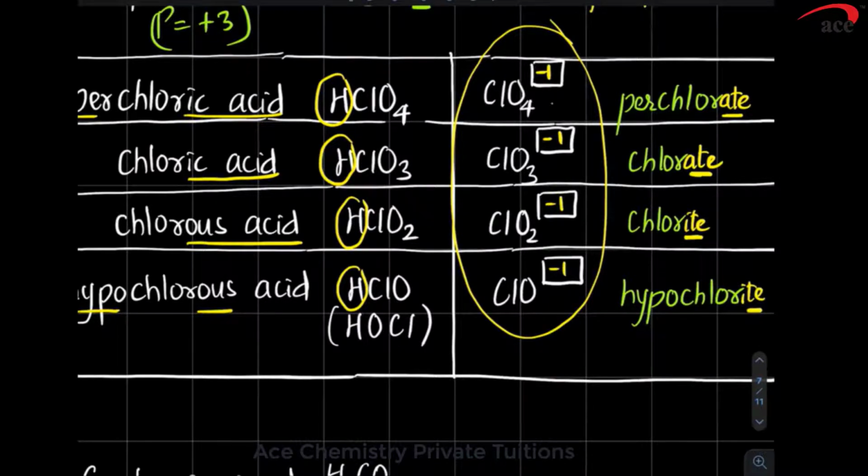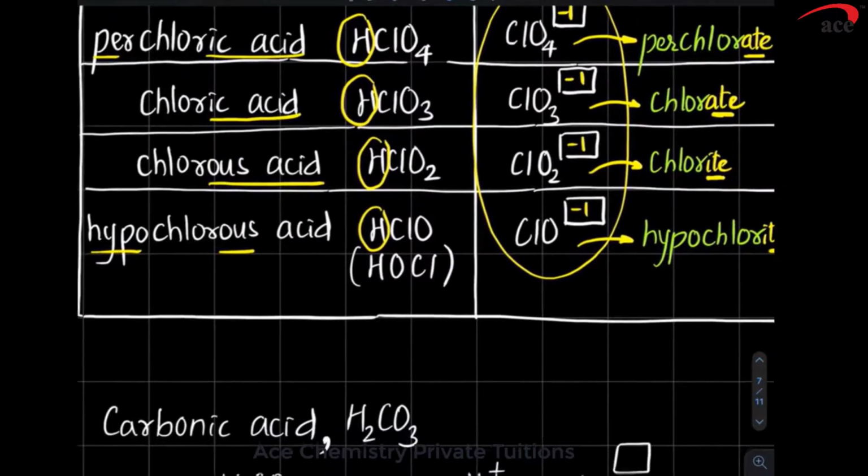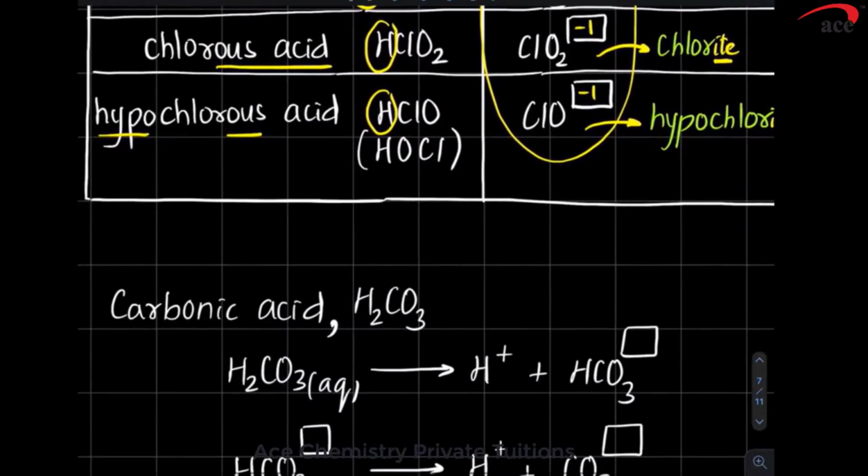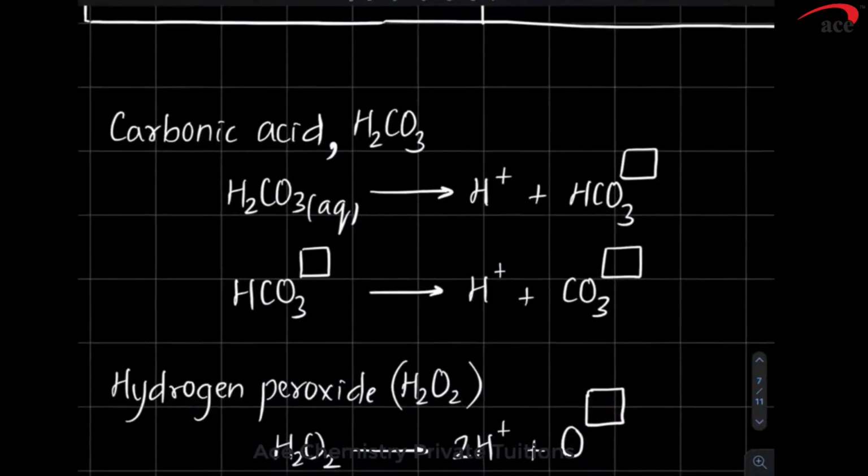So henceforth, whenever you find ClO4 minus, remember perchlorate. Wherever you find ClO3 minus, correct, chlorate. ClO2 minus, chlorite. And ClO minus, hypochlorite. That was how you can remember. Correct. If you have understood, we go ahead with learning.